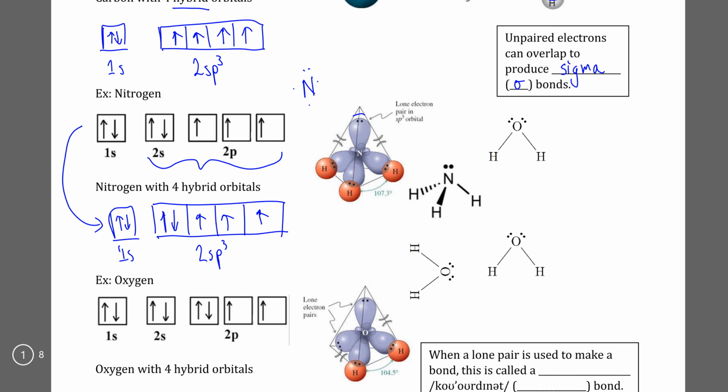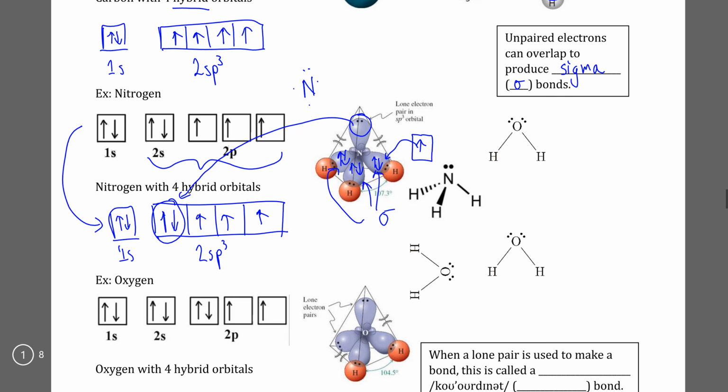So again, this orbital here corresponds to its lone pair here, whereas each of these orbitals here originally was an sp3 hybrid orbital with only an unpaired electron. And then when hydrogen brings its unpaired electron in, it combines with these unpaired electrons here in order to get 3 pairs, which results in 3 sigma bonds once again.